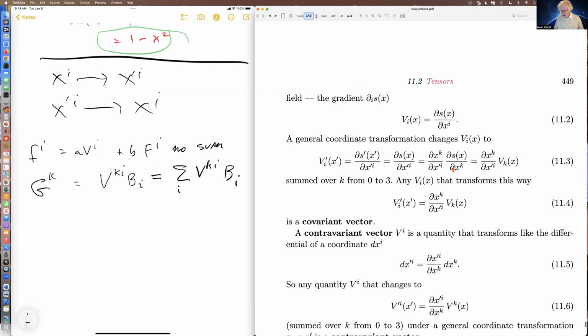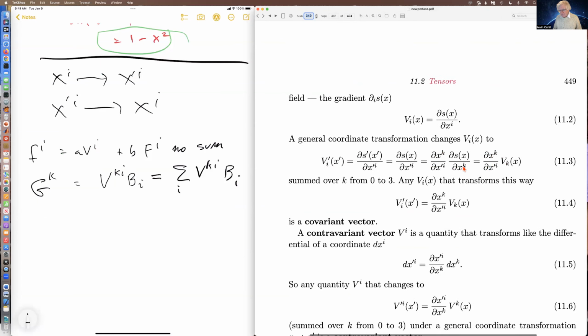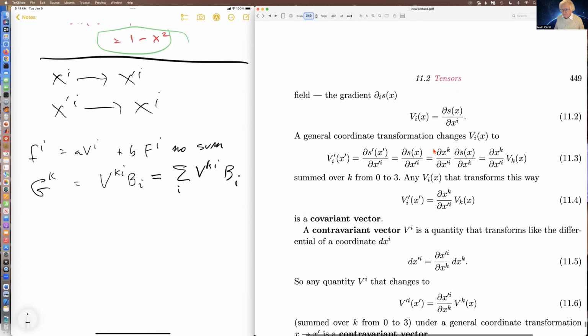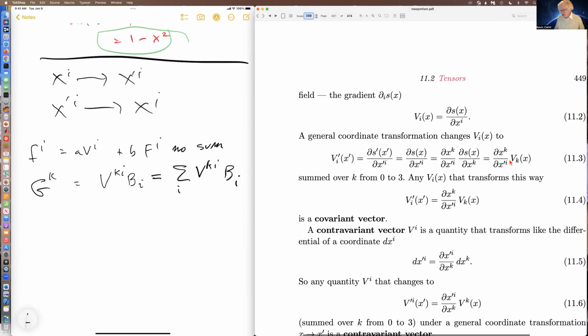So in this expression, the unprimed variable x^k is upstairs and stays upstairs, and the x'_i is downstairs.